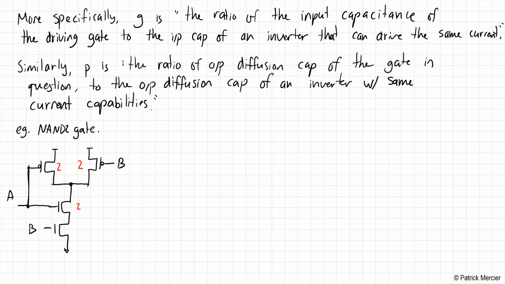And the NMOS transistors have to be upsized by a factor of 2 in order to support the increased resistance of the series combination of those 2 transistors. Okay, so we can go ahead and compare this to an inverter with the same current capabilities.